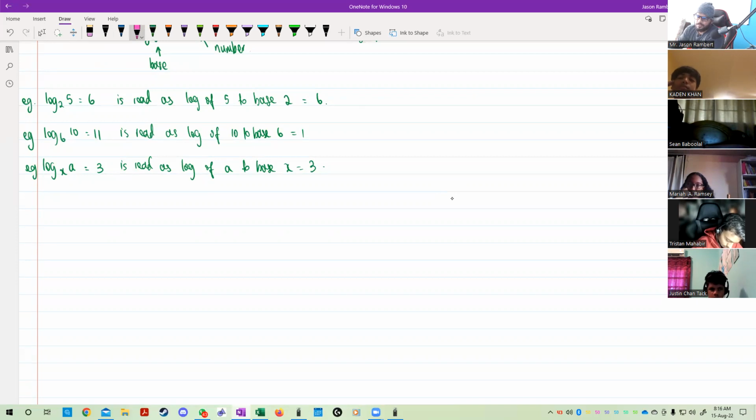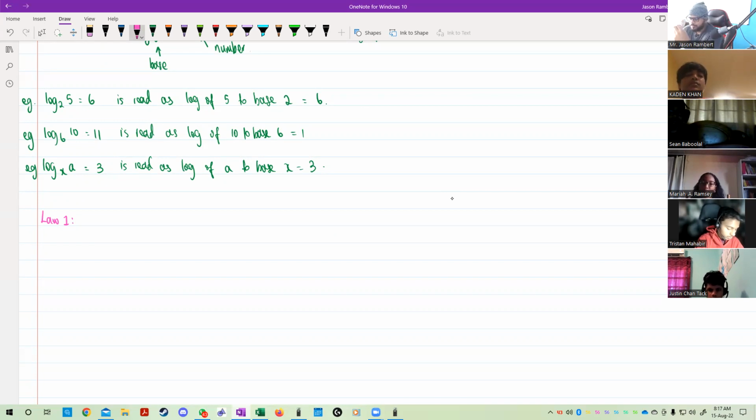So laws of logs. Law 1. Now, before, I had a worded explanation for each law. But for logs, I find it a bit tedious to have a worded explanation for each law. Instead, I will talk out the law and write down the law itself.